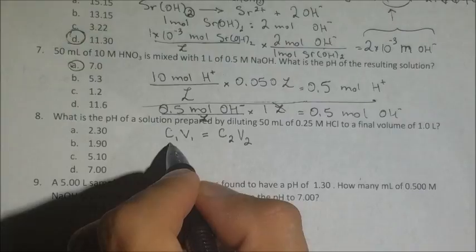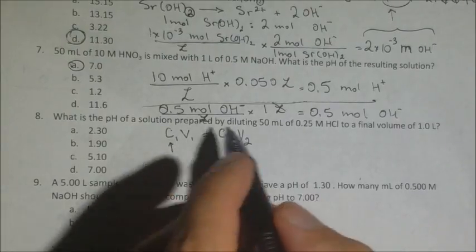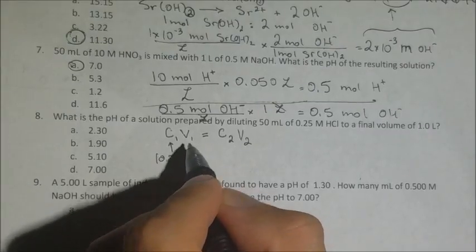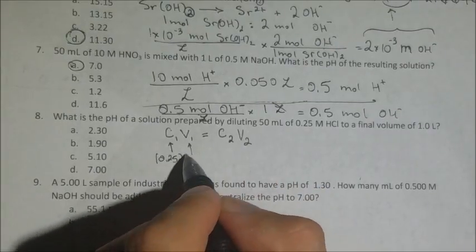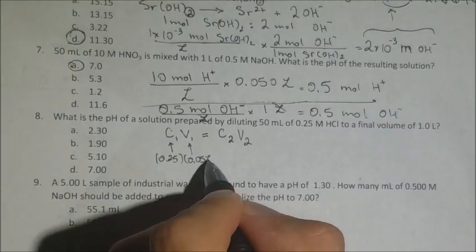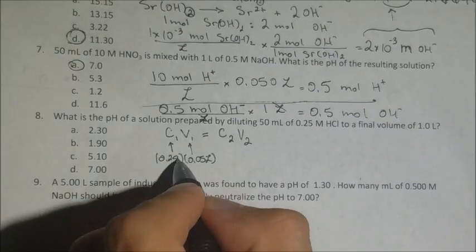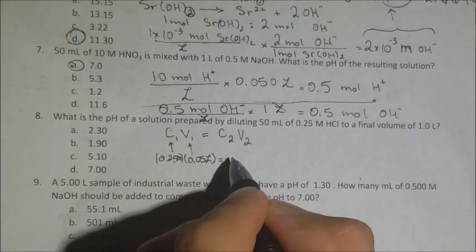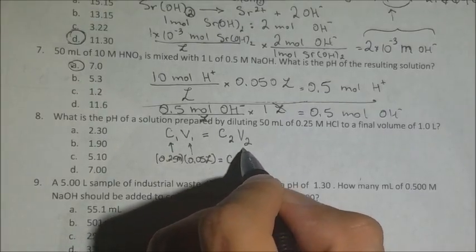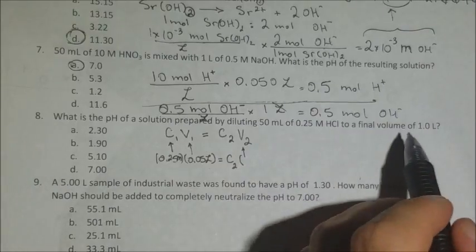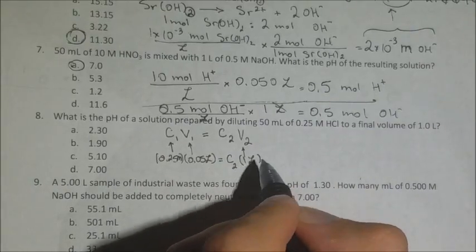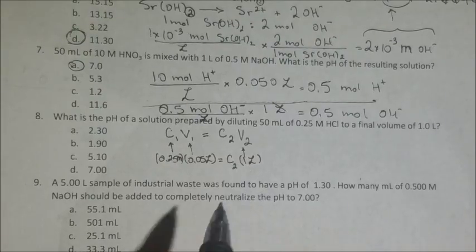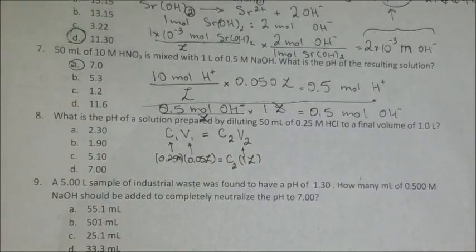So C1 is 0.25 molar. V1 is 0.05 liters. Now this is going to equal some C2 times a volume, and our volume that we want is 1 liter.